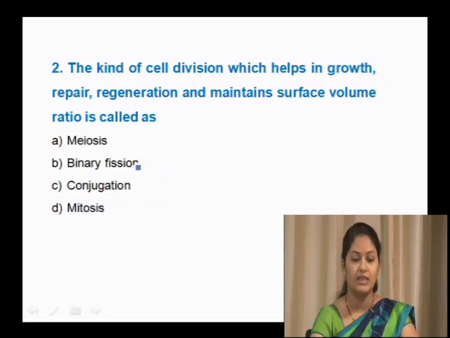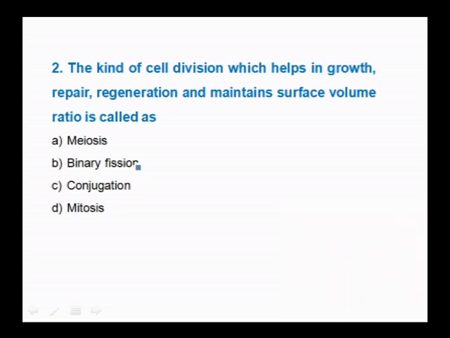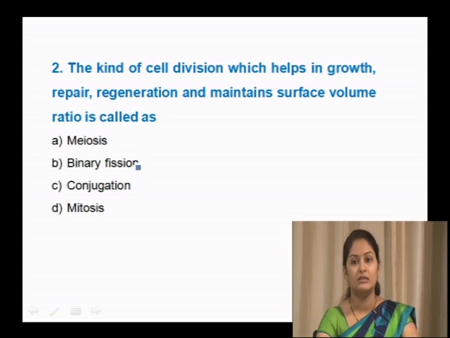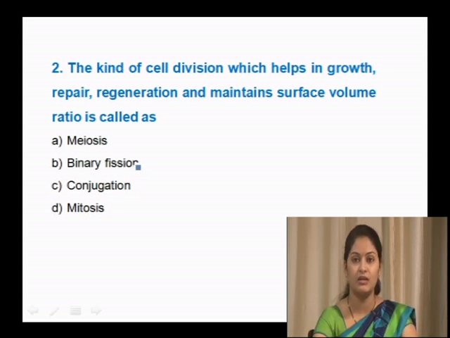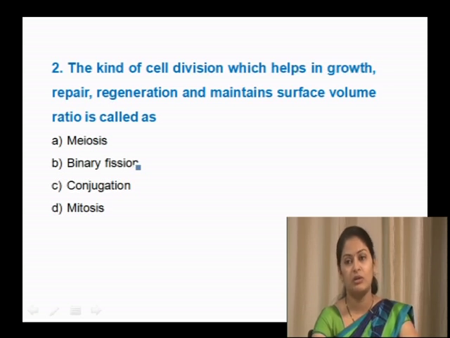Second question: the kind of cell division which helps in growth, repair, regeneration and maintains the surface volume ratio is called as meiosis, binary fission, conjugation or mitosis. So, there are 4 options. This kind of cell division should help in the process of growth and repair, regeneration of the lost or damaged cells, and it should also help in maintenance of surface volume ratio.